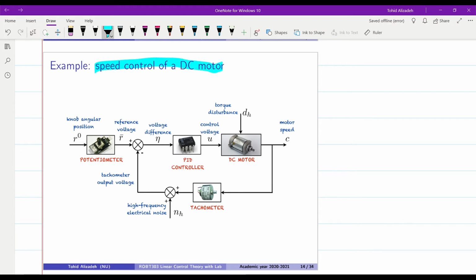You can see that we have R0 as the main input, which is the knob angular position. So you just turn the knob to the right or to the left, clockwise or counterclockwise, and then you determine the desired speed that you want to have. Then there is the potentiometer, which converts the angular position of the knob into some reference voltage, which is shown as R bar over here.